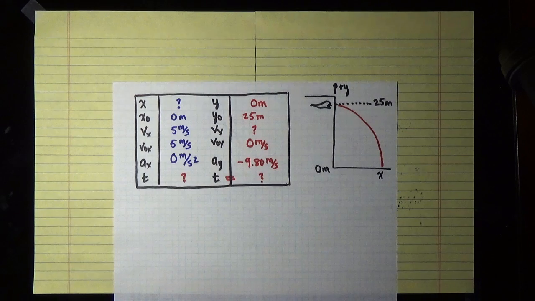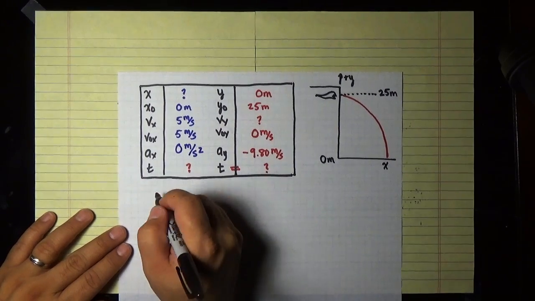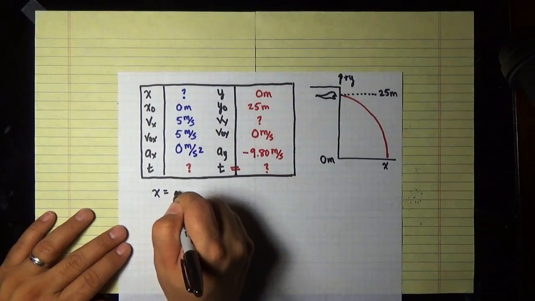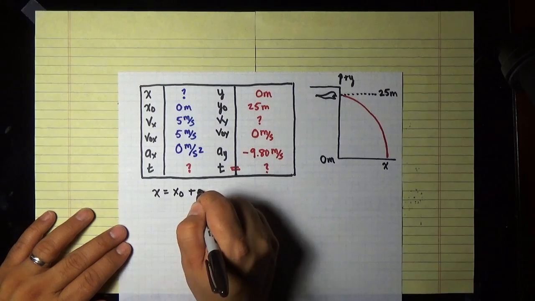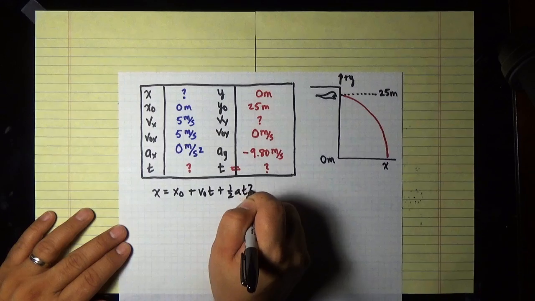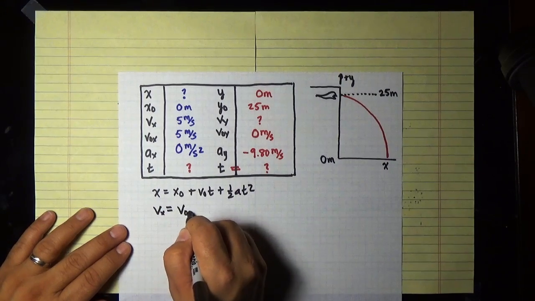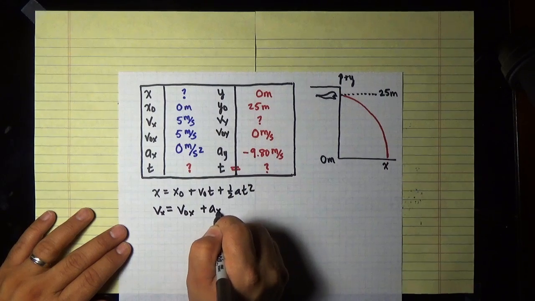I can now write out the kinematic equations. There are, in fact, two sets of kinematic equations, but let me just write it out for x. So x is equal to x naught plus v naught t plus a half a t squared. vx is equal to v naught x plus a_x t.